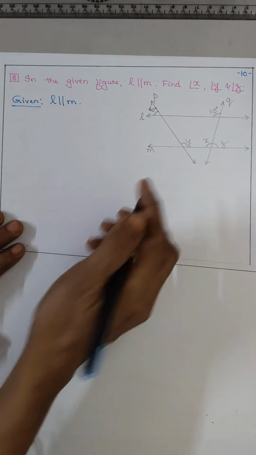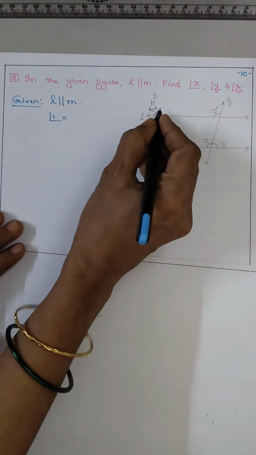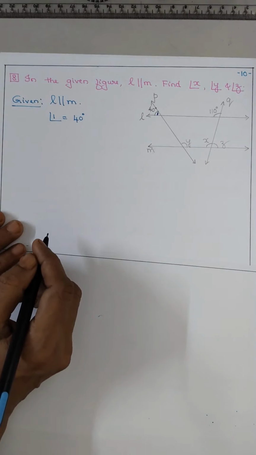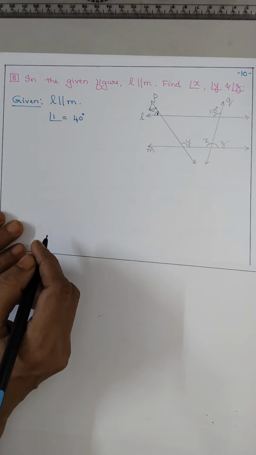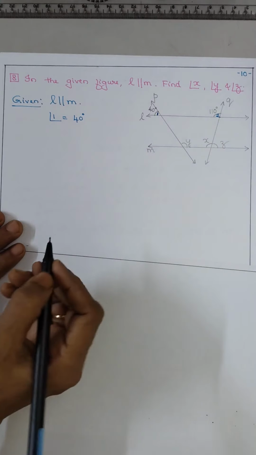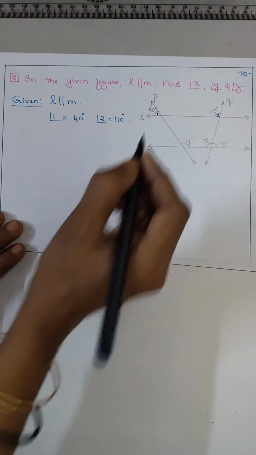Angle 1 is equal to 40 degrees. The angles given you have to mention, and let this be 2. Angle 2 is equal to 110.